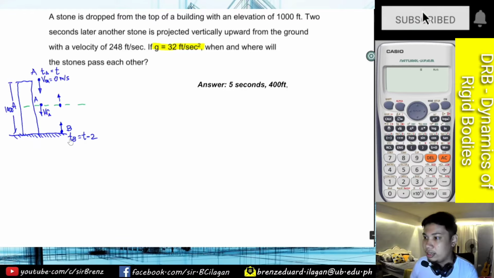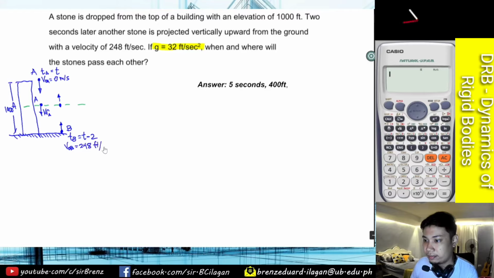I think the problem already gave the velocity of stone B. So the initial velocity of stone B will be 248 feet per second.